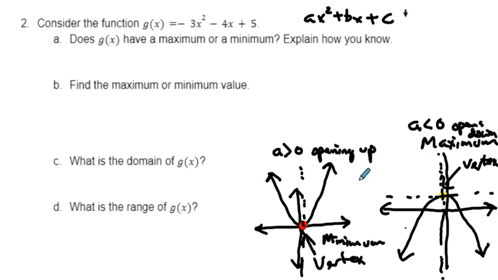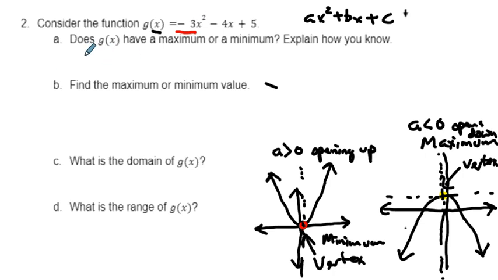So what we can do right away, looking at a specific function, is look at your a coordinate, because it tells you if it opens up or down. Then I know it's going to look like one of these two. It might be moved around a little bit, but the behavior is going to be the same. So let's take a look at this. My a is the number in front of the x squared term, so my a is negative 3.